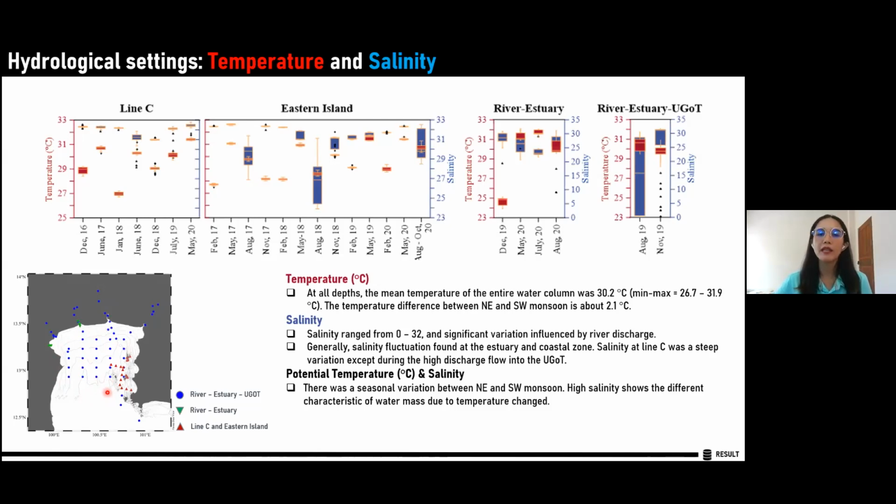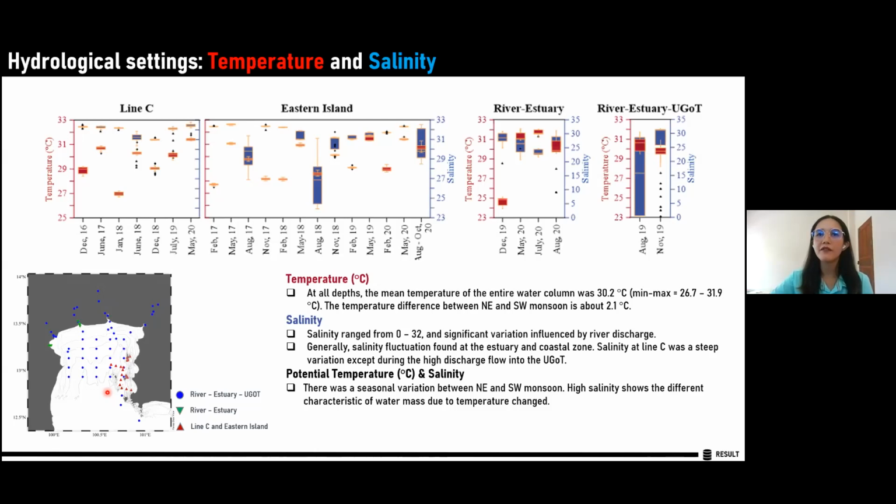Firstly, we will start with the temperature. At all depths, the mean temperature of the entire water column was 30 degrees Celsius, and the difference between the northeast monsoon and southwest monsoon is only about 2.1. Salinity showed significant variation influenced by the river discharge.